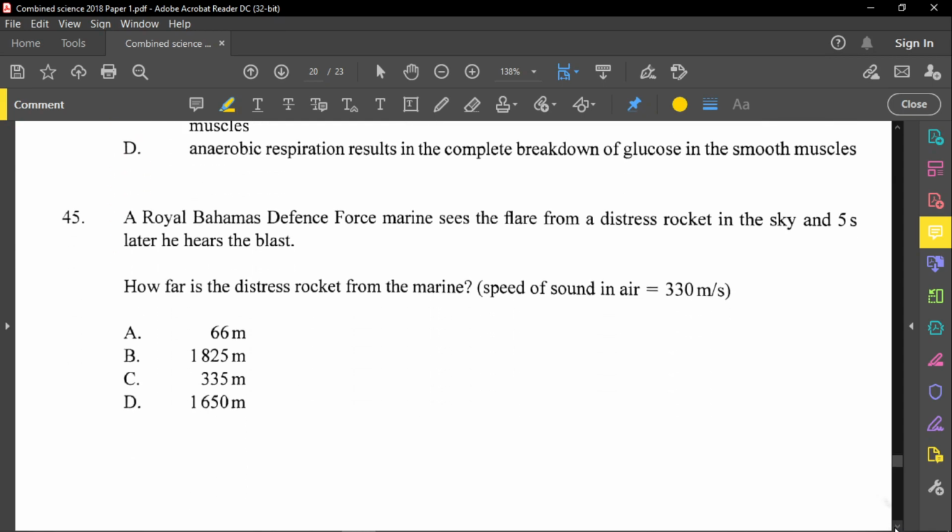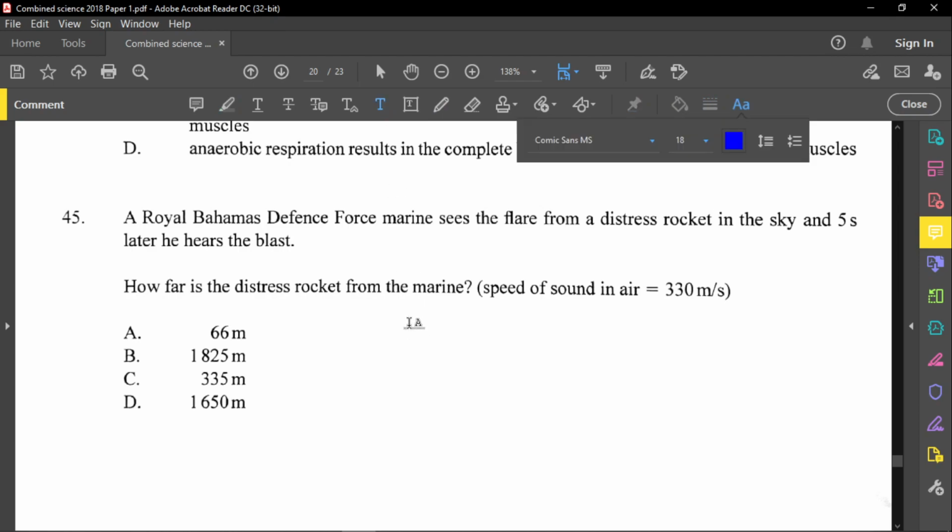45. A Royal Bahamas Defense Force Marine sees the flare from a distress rocket in the sky, and 5 seconds later he hears the blast. How far is the distress rocket from the Marine? The speed of sound is 330 meters per second. The time taken is 5 seconds. First and foremost, I'm going to give this formula: velocity is equal to distance over time. Just remember that.